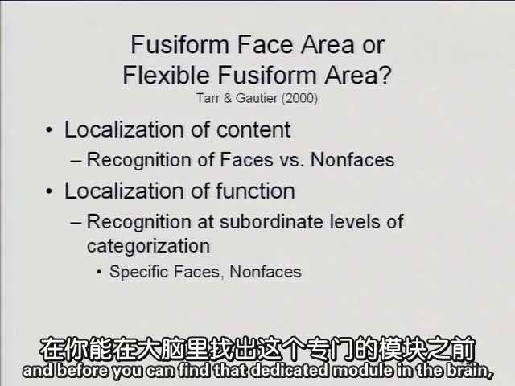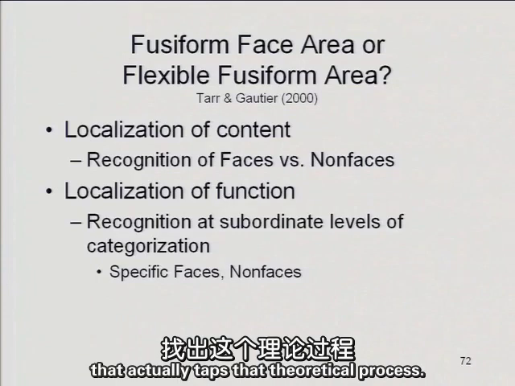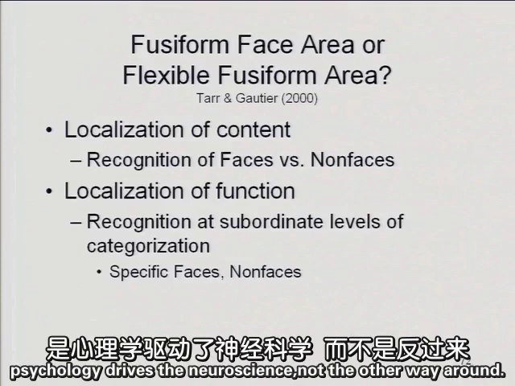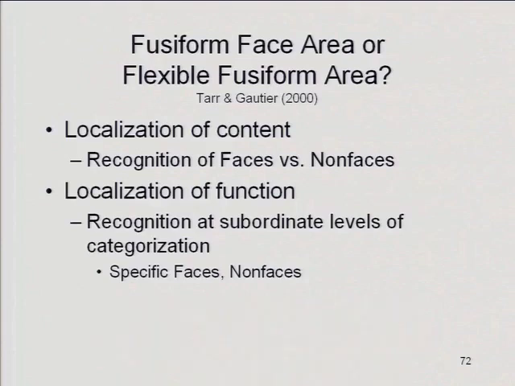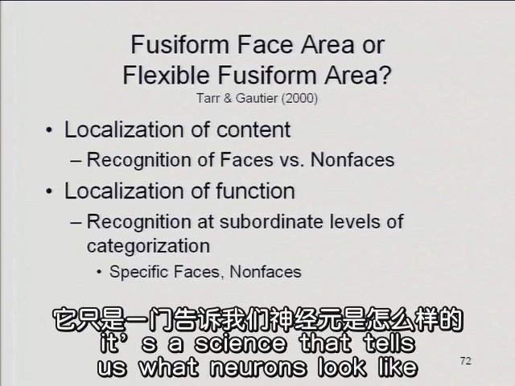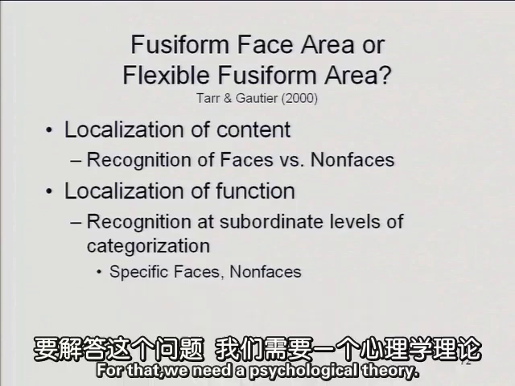And before you can find that dedicated module in the brain, you have to have an experimental task that actually taps that theoretical process. In this way, as in all other ways, I think, psychology drives the neuroscience, not the other way around. That's what I mean when I say that neuroscience without psychology is just neuroscience. It's a science that tells us what neurons look like and how they function chemically, but it doesn't tell us what they do. For that, we need a psychological theory.